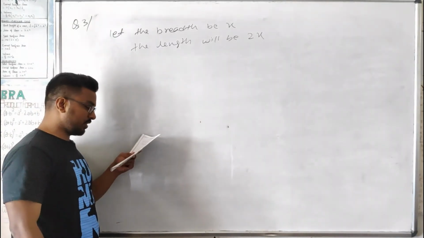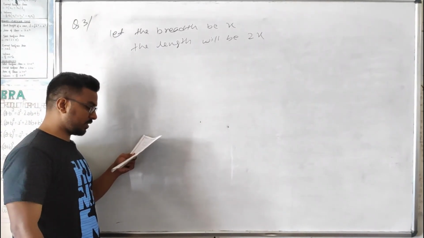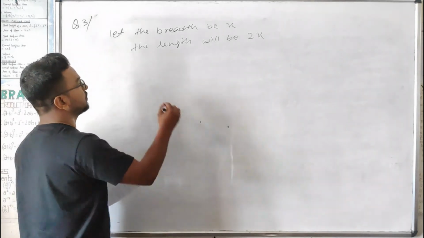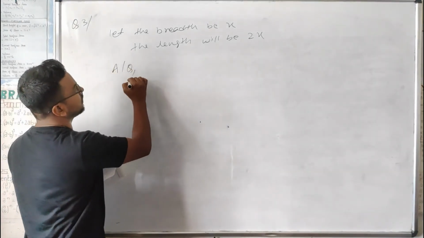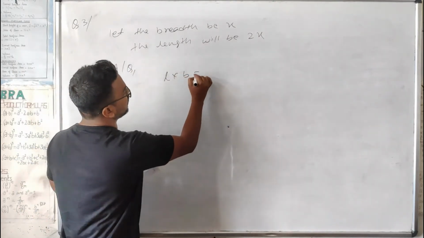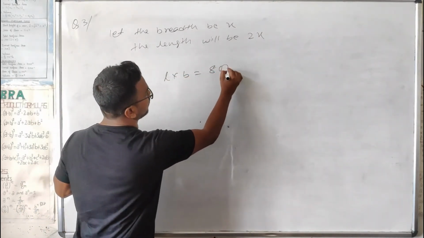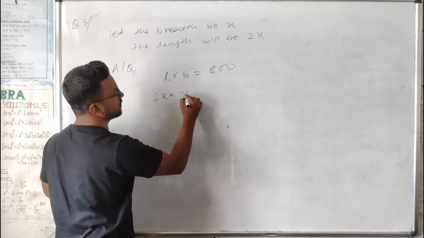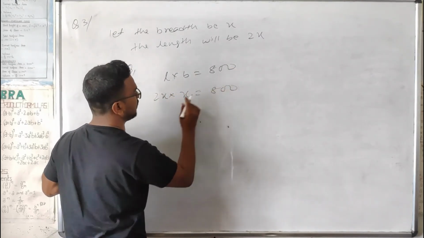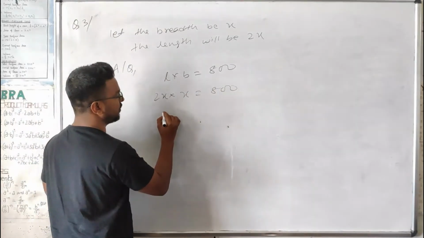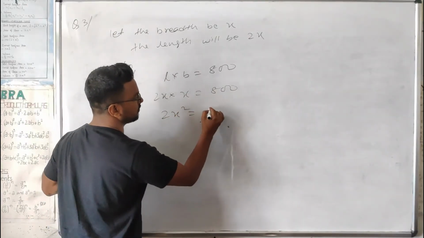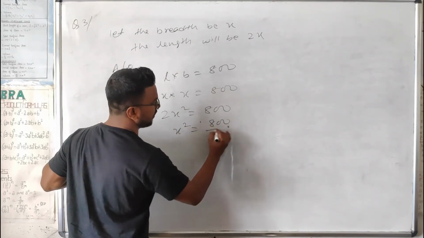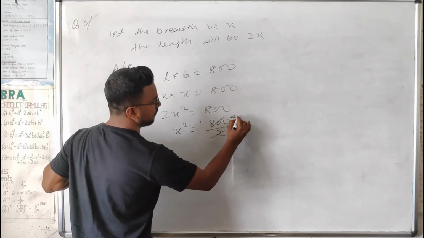Now according to the question, the area of the rectangular mango grove is 800. So according to the question, length into breadth is how much? 800. Now what is length? Length is twice x and breadth is x, equals to 800. So if you multiply this, you will get 2x square equals to 800. x square equals to 800 divided by 2, this means 400.